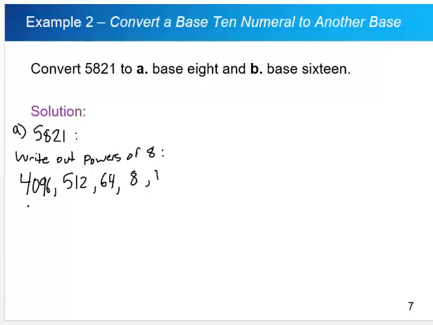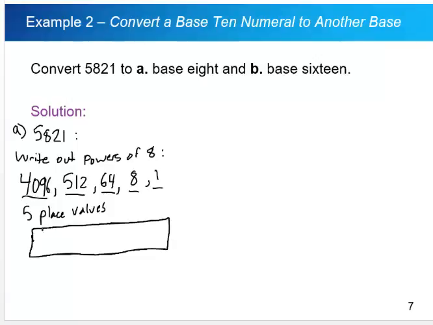This tells us we have 5 place values. So I'm going to represent that with 5 boxes as our final answer.